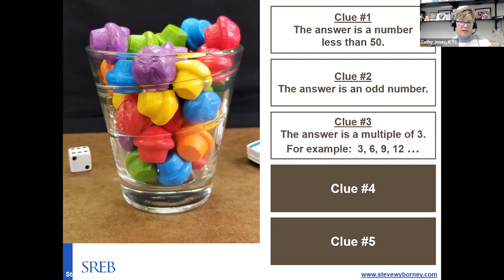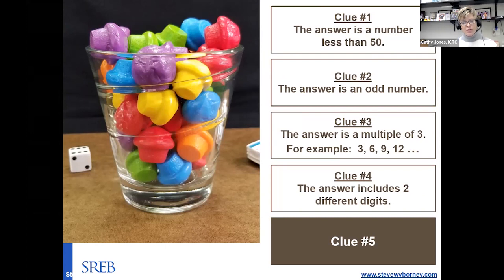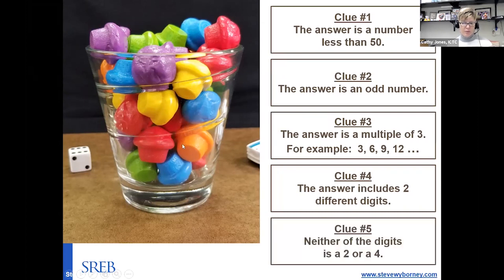For example, 3, 6, 9, 12. The fourth clue is that the answer includes 2 different digits. And clue number 5 is that neither of the digits are 2 or 4.